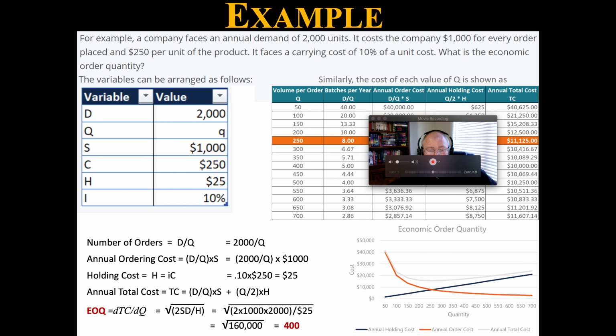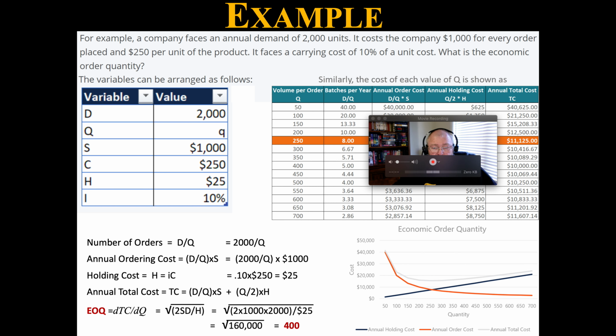So 2 times S, S is 1,000, times D, D is 2,000. 2 times 1,000 is 2,000, times D, which is another 2,000, is 4 million. Divided by H, that's 25. That gives us 160,000 under the radical. The square root of 160,000 is 400. So there's your economic order quantity.